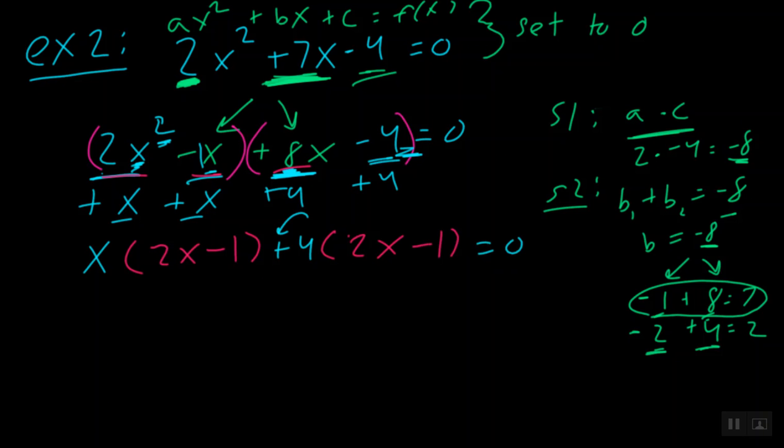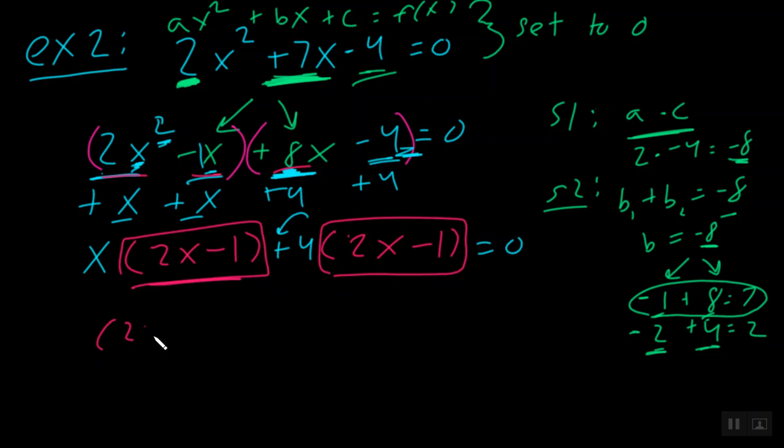At this point, we want to divide out the factors that we have in common. In this case, you can see that both of these terms share a 2x minus 1. So when we factor that out to the front, we have 2x minus 1 times essentially the leftovers, which are x plus 4, equal to 0.